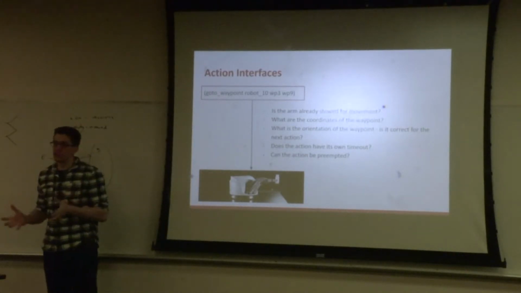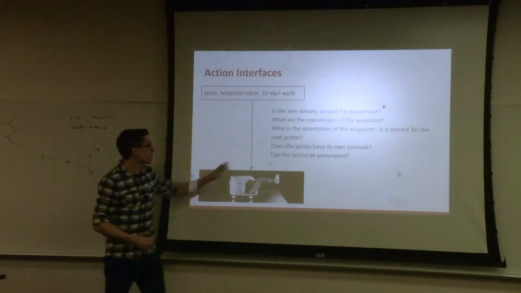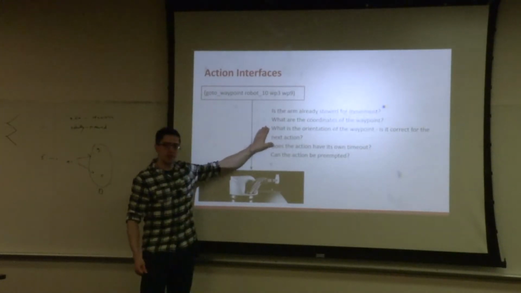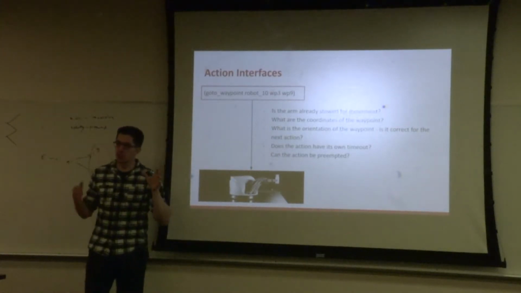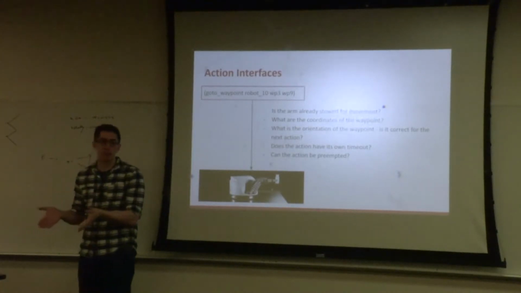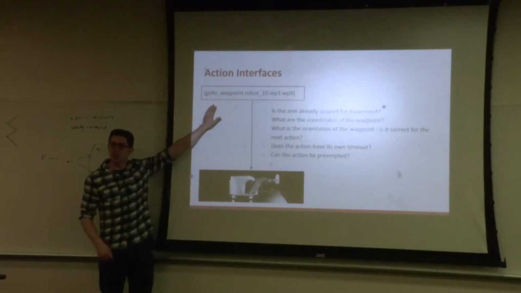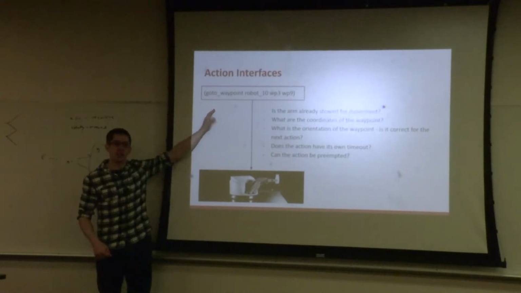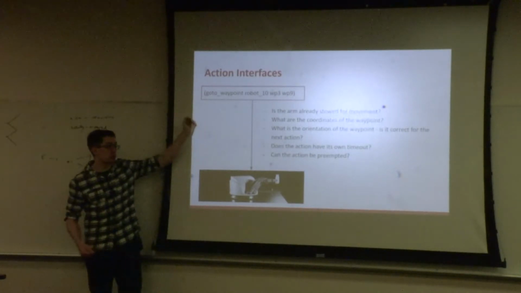And at what orientation? Usually you need to require an orientation for that robot. This might not matter. You might just want to go to the right position, but if you want to dock, you probably have to be facing the recharge station in order to dock with it. This action message doesn't include what is the next action in the plan, and probably it shouldn't.